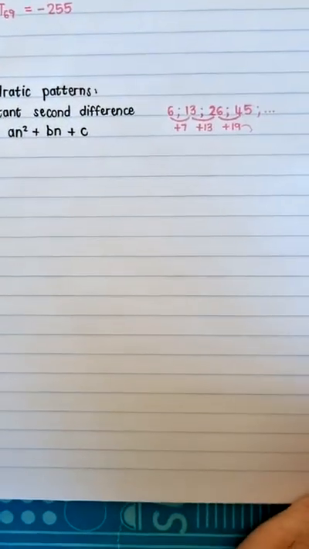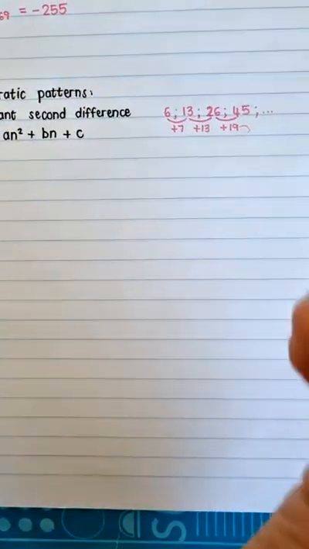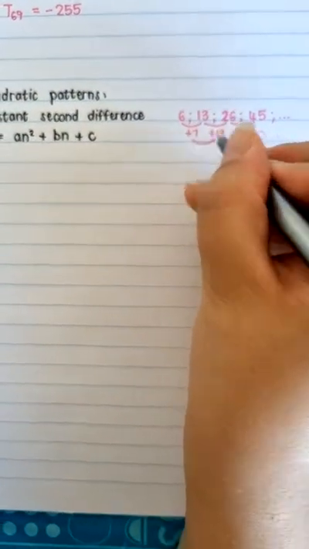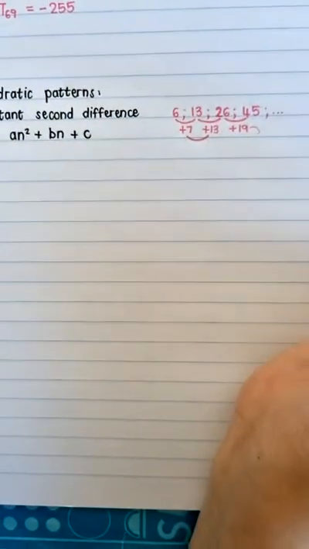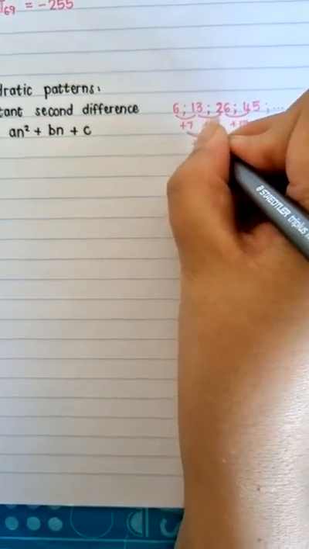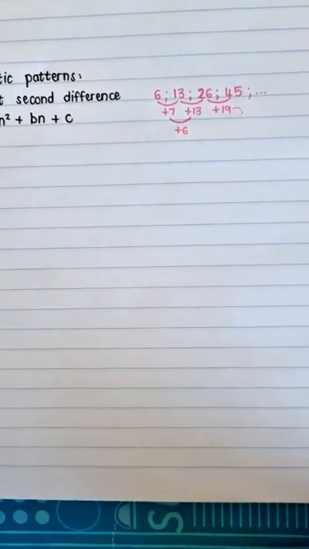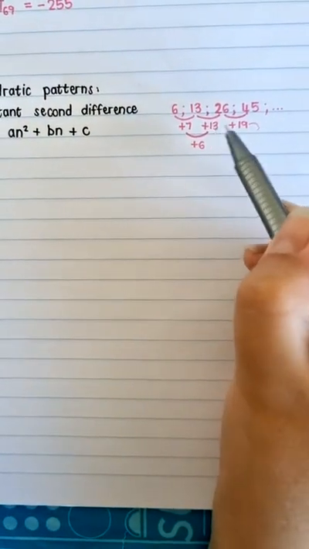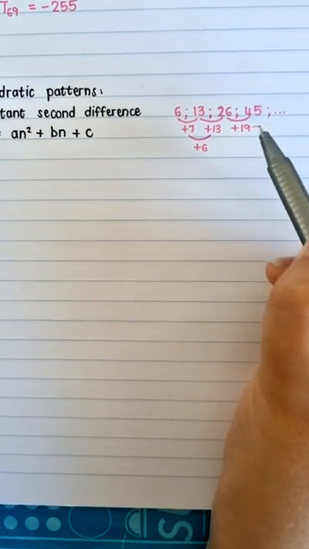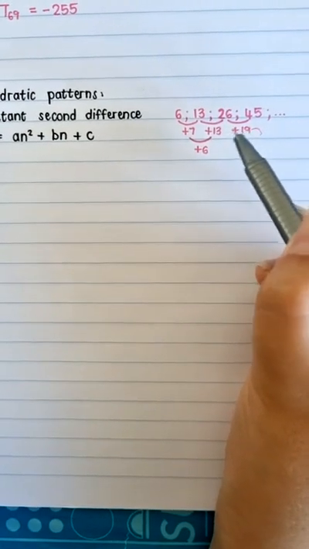Now, if that happens, guys, you need to look at your second difference. So now we're going to see, okay, from 7 to 13, I'm adding 6. So this is now my second difference. Then from 13 to 19, so again, I'm looking at the first differences and I'm seeing basically the difference between those.